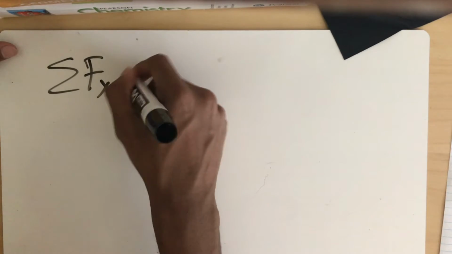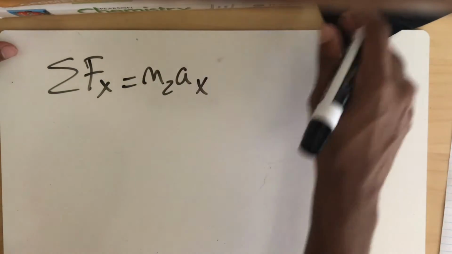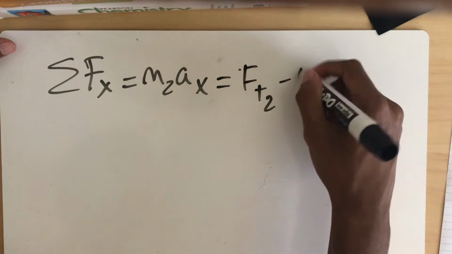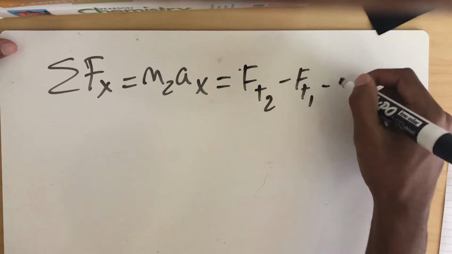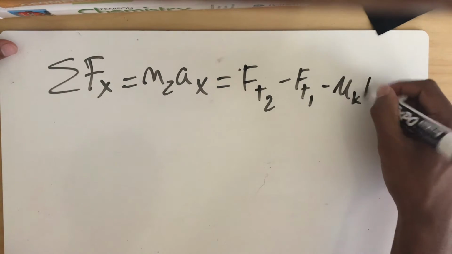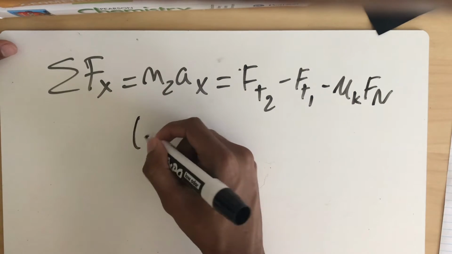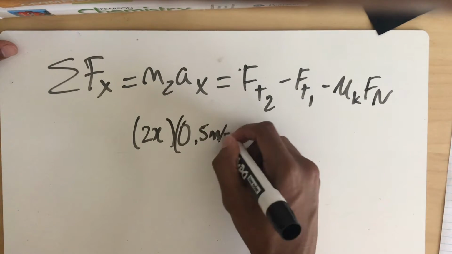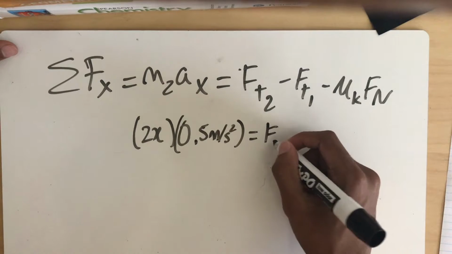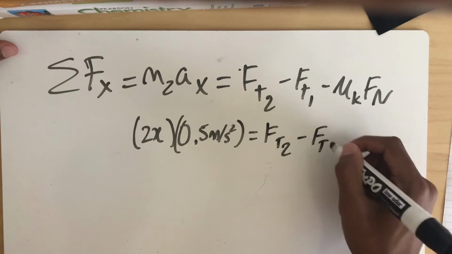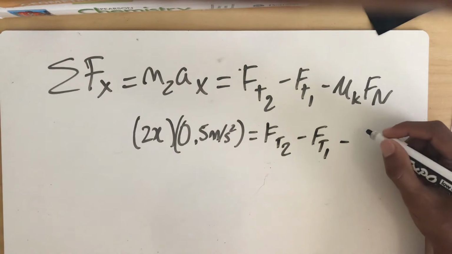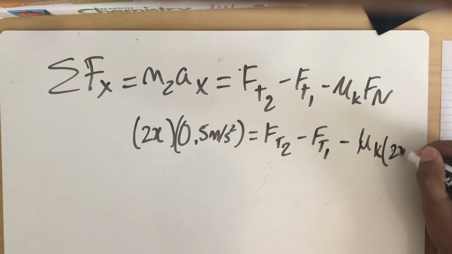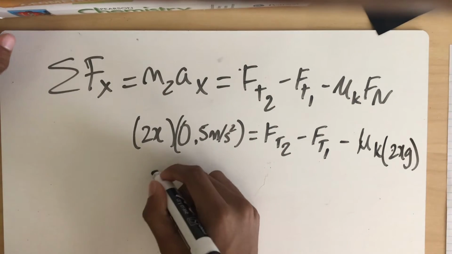Following that, we're going to have the sigma F in the x direction equal to m2 times its acceleration, which is equal to Ft2 minus Ft1 minus the force of friction, which is the same as mu k times Fn. And then using the given values, 2x and 0.5, which is equal to m2 times ax, which is equal to Ft2 minus Ft1 minus mu k times Fn, which we have substituted 2xg for.